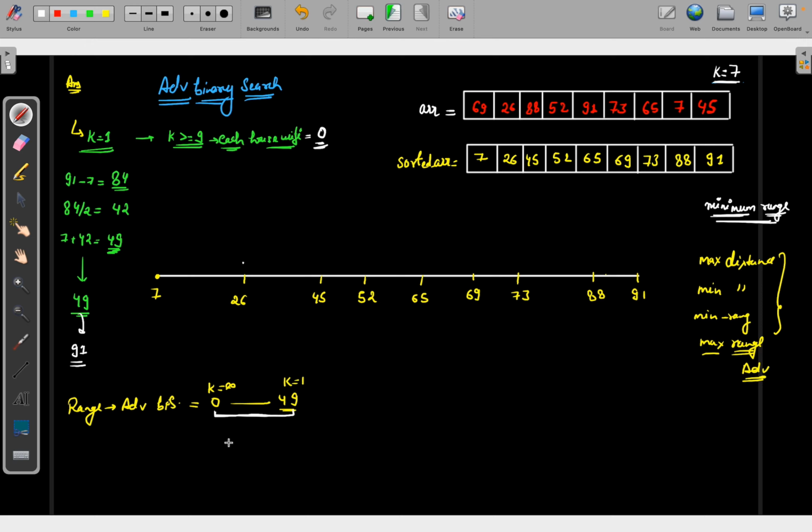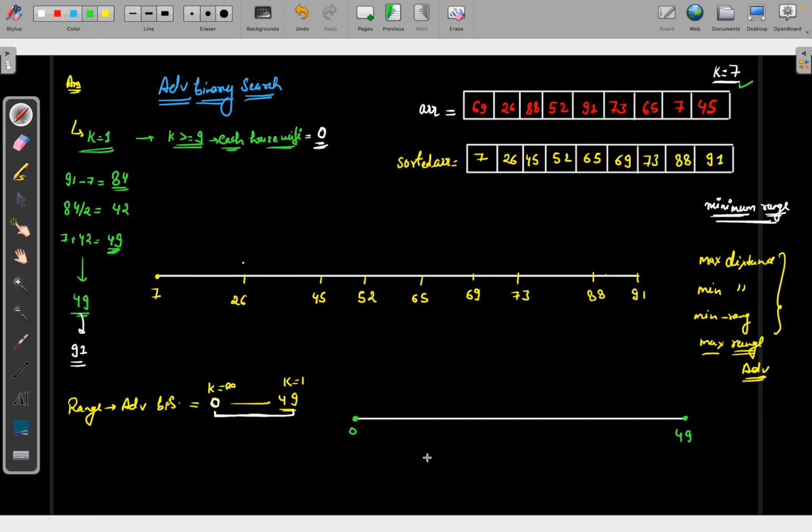I have 0 as a range and 49 as a range. How many routers have they given? They have given 7 routers. So my answer will lie in between this range, 0 to 49. I will do it by binary search, and find out all the possibilities.